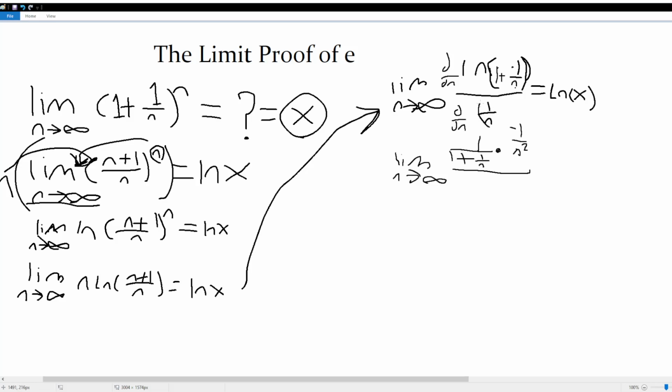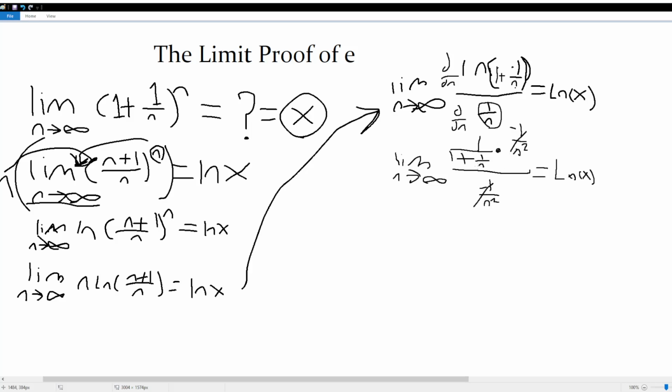And then guess what? Right here is the same thing, so it's going to be negative 1 over n squared too. Now, this seems doable, right? We can cancel these out, and then we just have to find the limit of this.